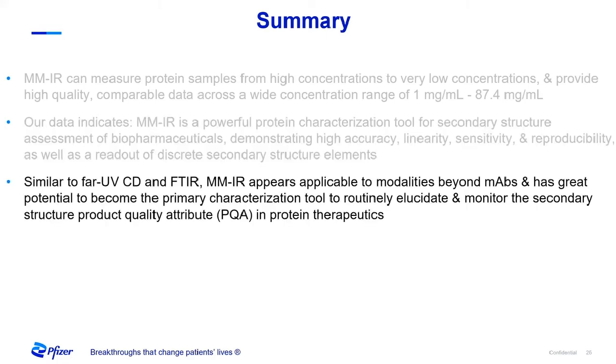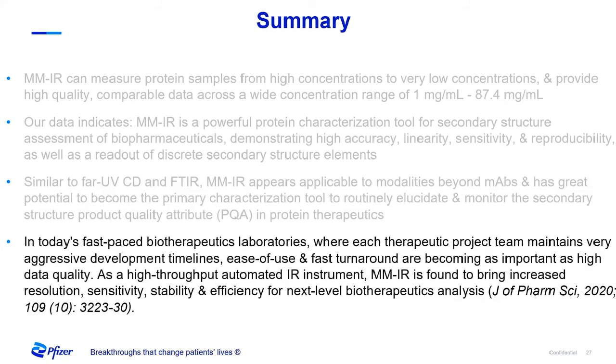Similar to FAR-UV CD and FTIR, MMIR appears applicable to modalities beyond MAPS and has great potential to become the primary characterization tool to routinely elucidate and monitor the secondary structure product quality attribute.